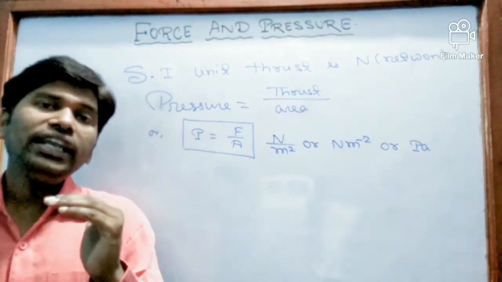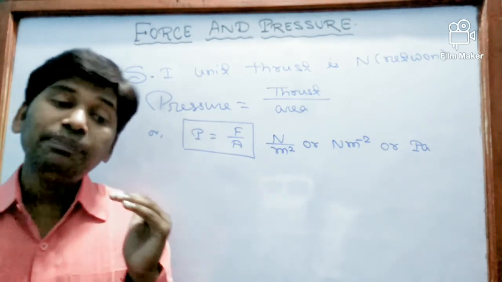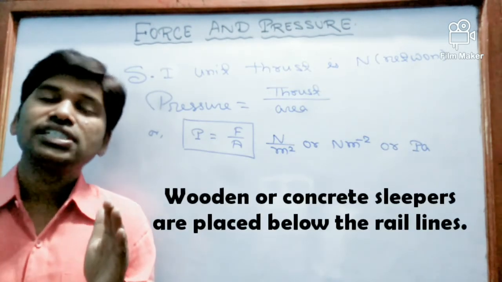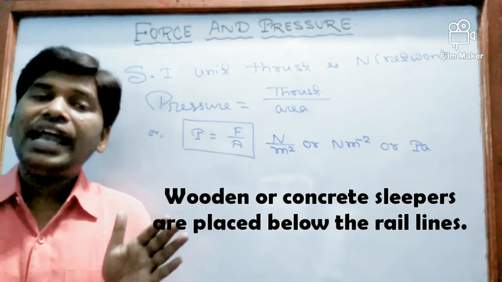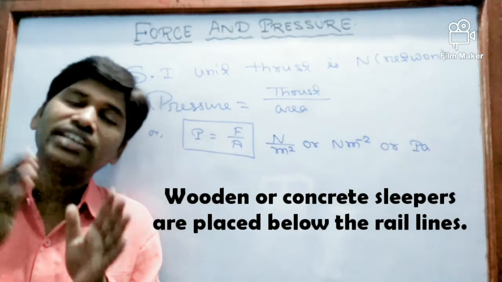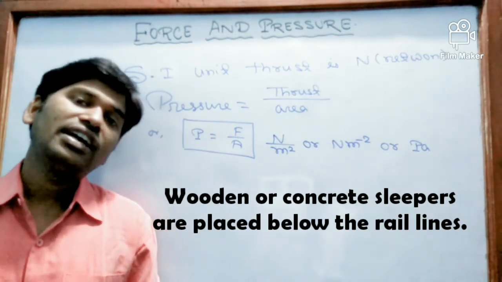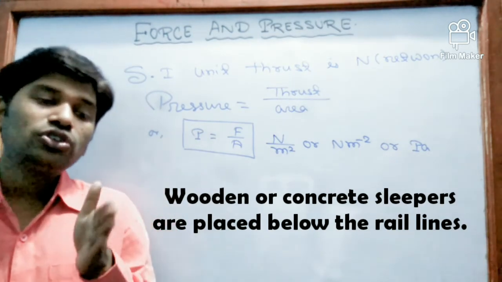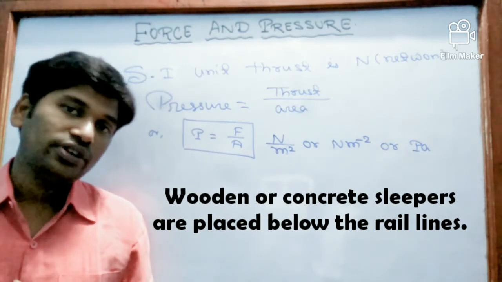Now, another example. The wooden or concrete sleepers are placed below the rail lines so that the area will be more, and the weight of the rail along with the train will be distributed on a large area, and it prevents the track from sinking in the ground.